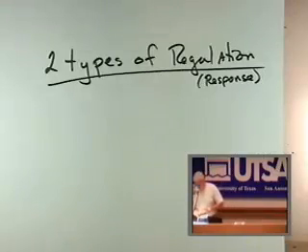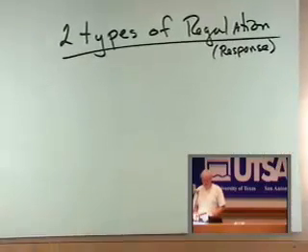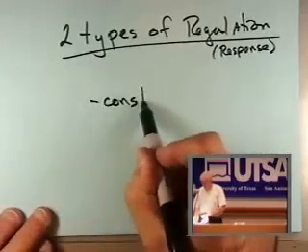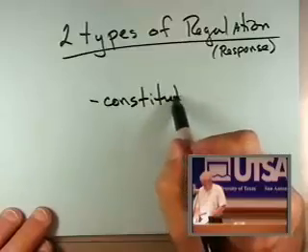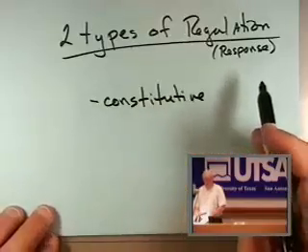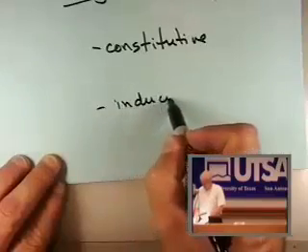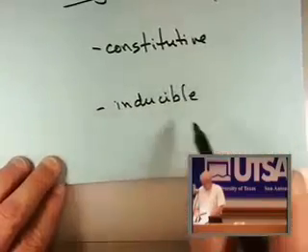For an ongoing, moment-to-moment basis for many genes, there are two ways that they can be expressed and thereby regulated, most likely through response elements. There is constitutive gene expression and inducible gene expression.